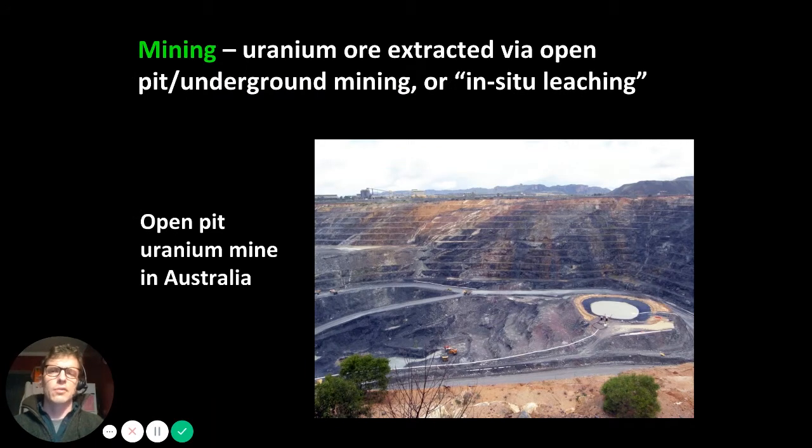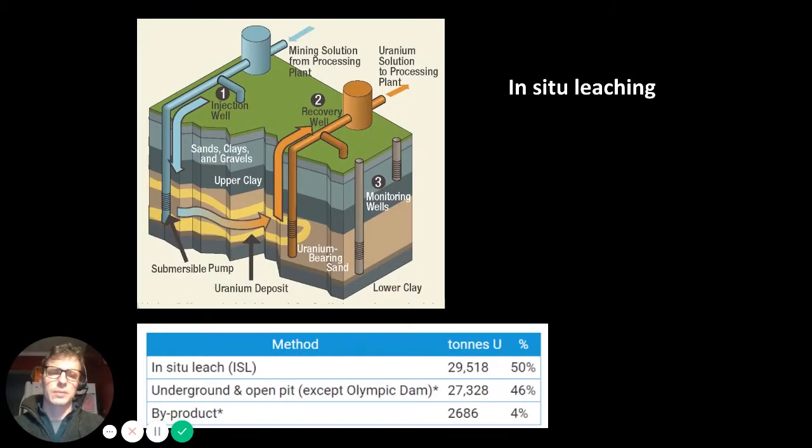So the mining of uranium actually happens a lot like the mining of coal. Uranium starts out embedded in rock, in ore, that can be extracted via open pit or underground mining, as well as what we call in situ leaching. So this is actually becoming a much more prominent mining process.